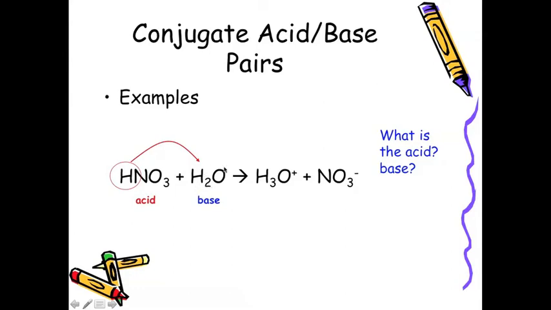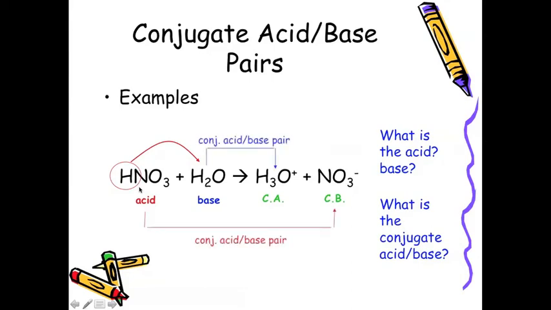The base accepts the proton from the HNO3 and you get H3O plus over here and NO3 minus over here because of the transfer of the proton. And what you get in terms of conjugates is the H3O plus is the conjugate acid because it was the base, and the NO3 minus is the conjugate base because it was the acid. That's how it works. There's a little pictorial representation if you want to see how that works or looks.